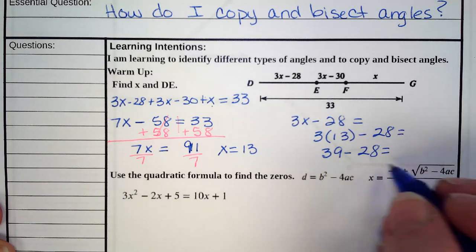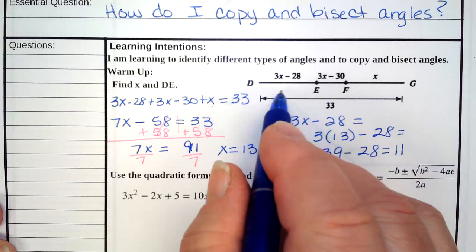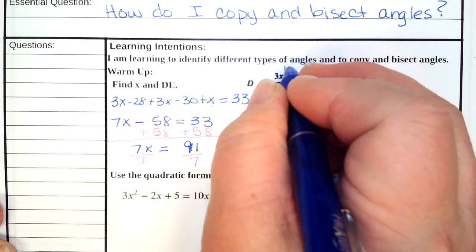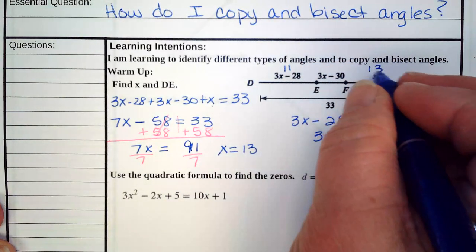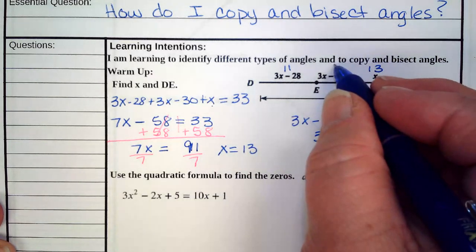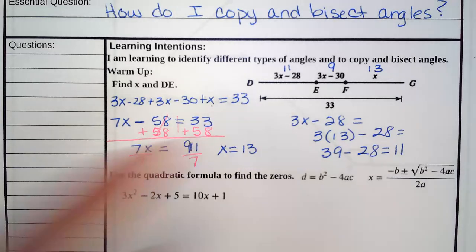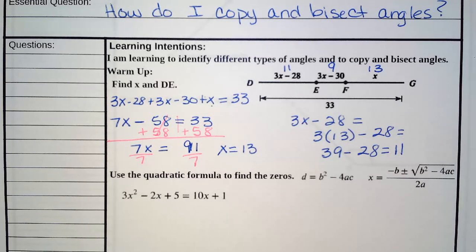Okay, 39 minus 28 is 11. So this piece is 11. This piece is 13. That would give us 24, and that would leave 9 for this piece here. So as you're looking at it, there are different ways to come up with the answer, but when you're looking at segment addition, you still have to add all the pieces together and simplify, then solve.